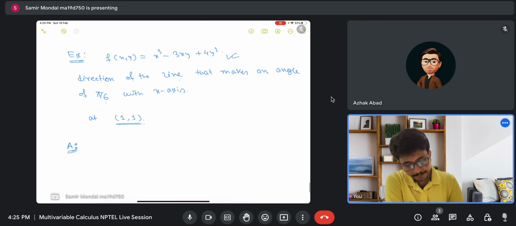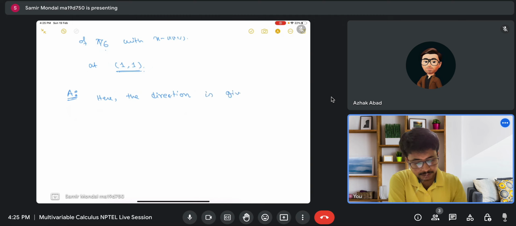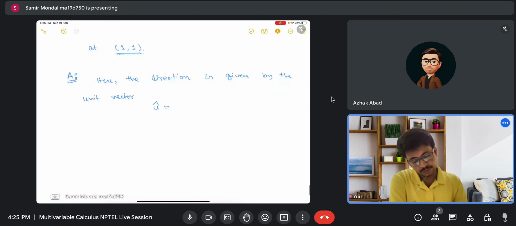Here the direction is given by the unit vector. What is the unit vector?